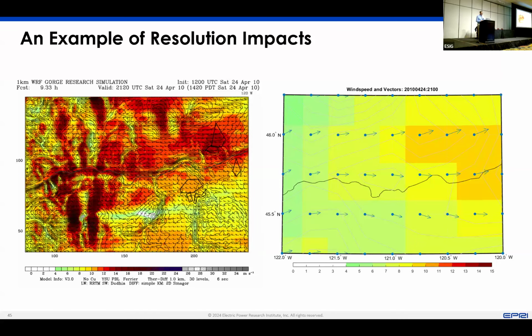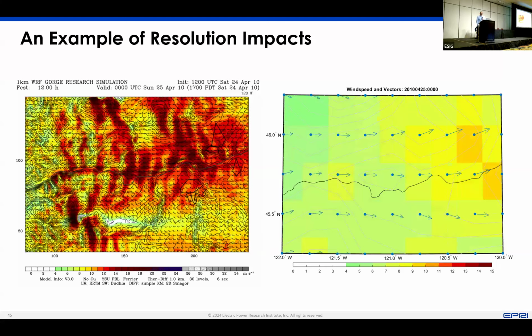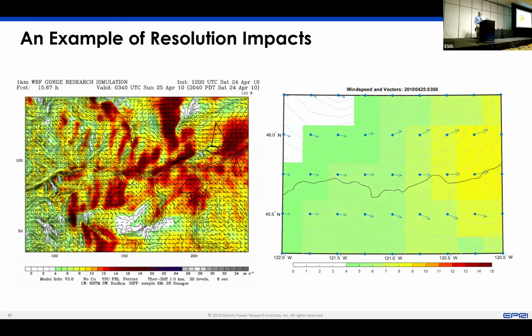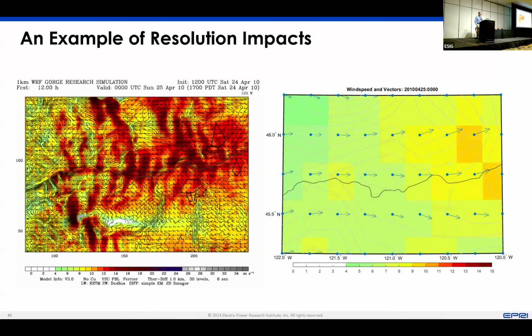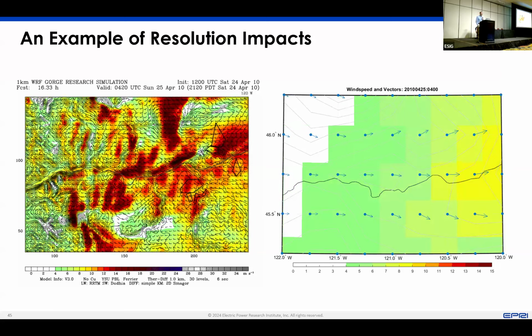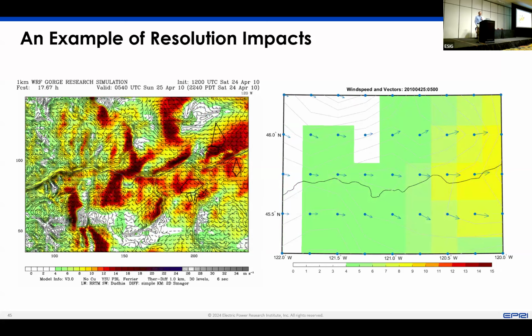And I want to show you what the differences are. I went to a great deal of effort over the weekend to put together this animation of the ERA5 data set versus a high resolution run of the same model. This is some work that I did when I was at Iberdrola Renewables, all the way back in 2010. We were looking at this region at 1 kilometer resolution with NWP.